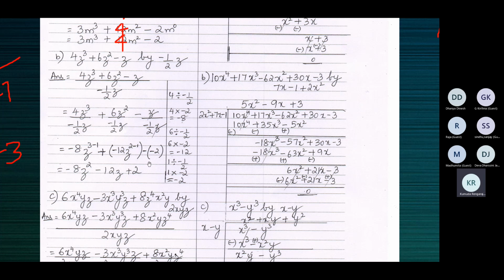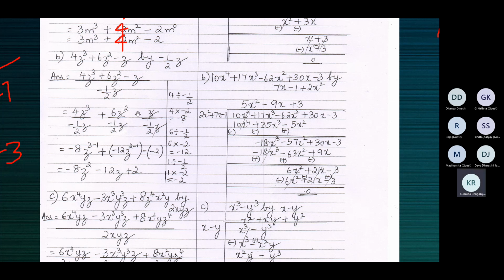Minus, open bracket, z and z gets cancelled. So we have 1 in the numerator, 1 divided by minus half. Division becomes multiplication and the reciprocal of this one. Minus 1 by 2 is minus 2.